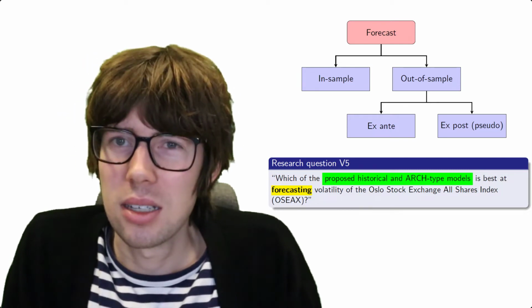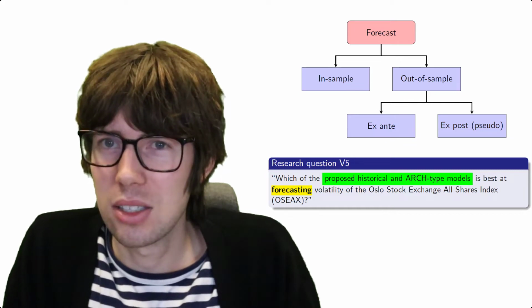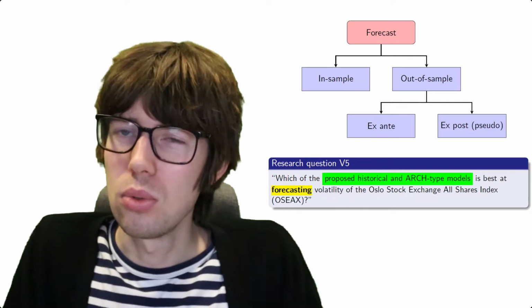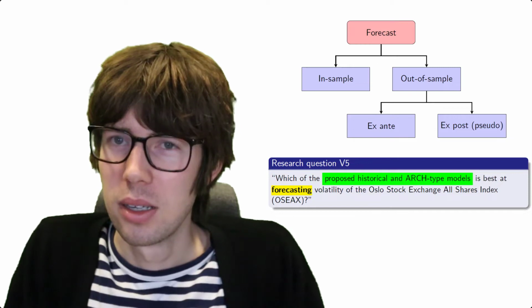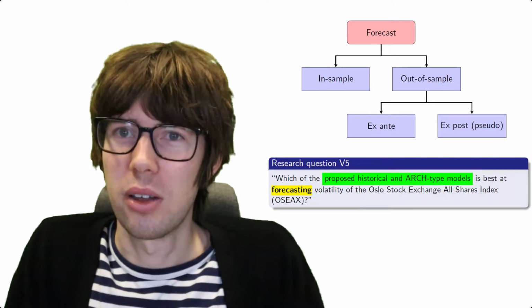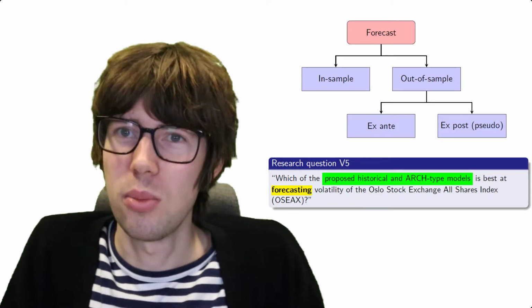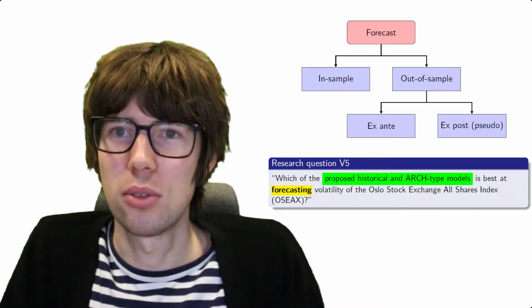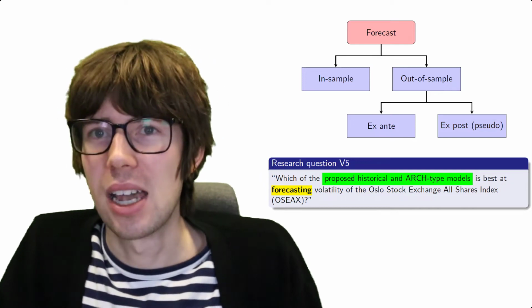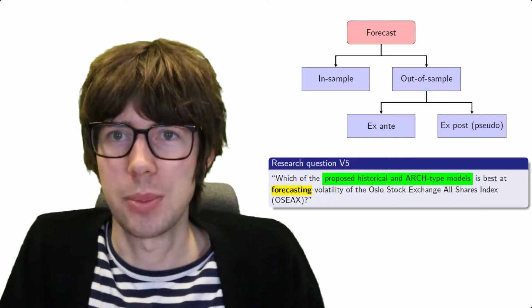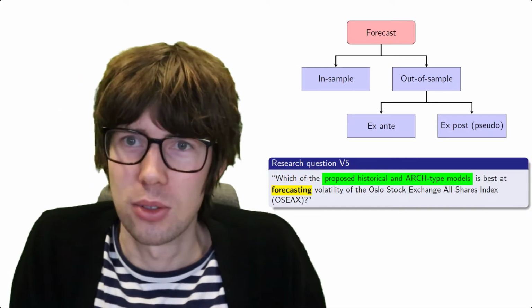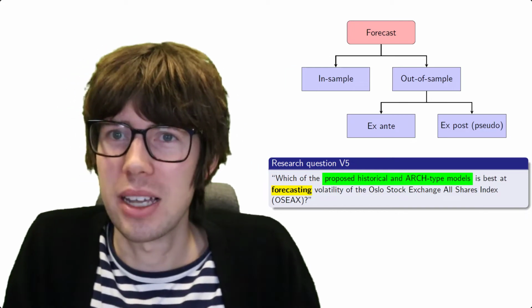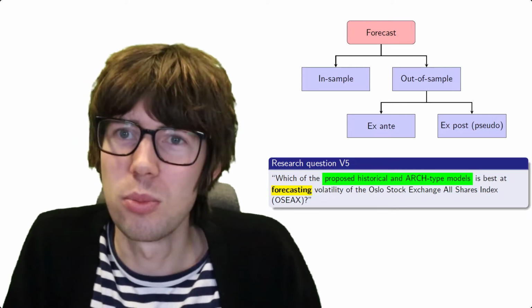Ex-ante out-of-sample forecasting is not possible to do given the time constraint, because from when you start the research, you make your models, and then you need to wait until new data comes in. And you don't have time to do that when you need to finish by the end of your final semester. So if I intended to do ex-ante out-of-sample, it wouldn't be achievable.